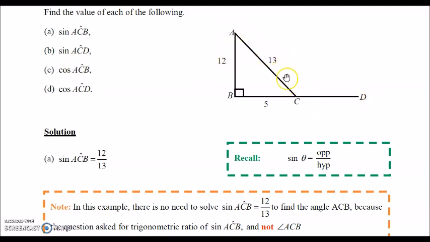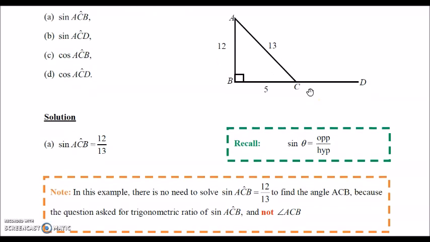Now if you notice, angle ACD is an obtuse angle, the obtuse counterpart of the acute angle ACB. If you recall what we've just learned about the relationship between the sine of this acute angle and the sine of this obtuse angle, we can apply that in part B right now.